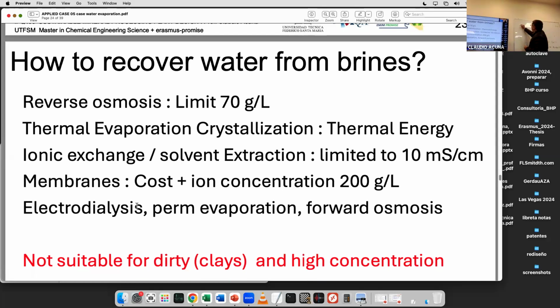This is an important number to keep in your head. $1 per cubic meter of potable water, if you consider an energy cost of 60 US dollars per megawatt hour. So if we have lower energy cost, it's cheaper. And this cost includes capex and opex. This is the current cost today.